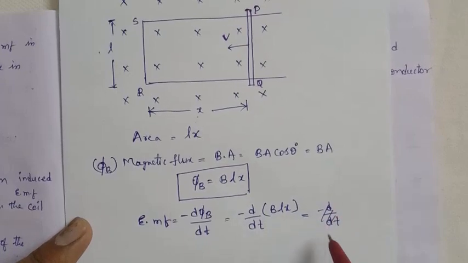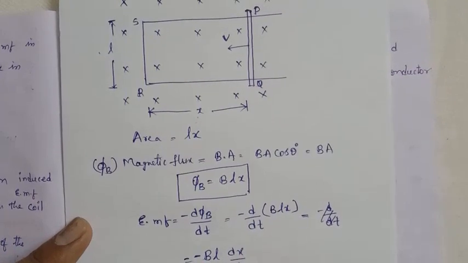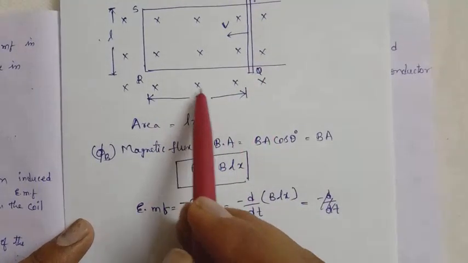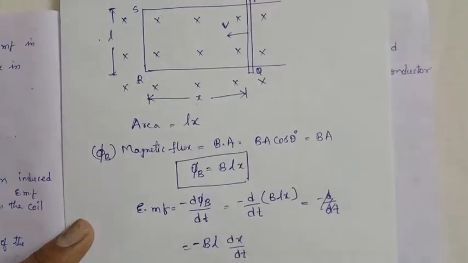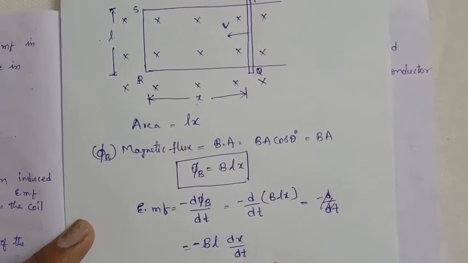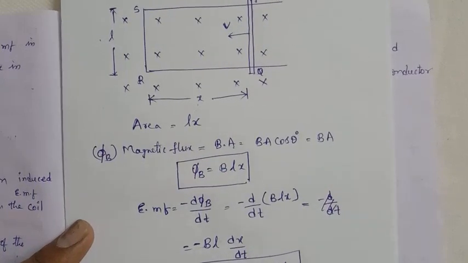So BL you take outside, and minus dx by dt. But it is moving to the left side, so automatically this distance x decreases. dx by dt is nothing but, as all of you know, the velocity. So BL, it is minus v. Why? Because this x will decrease. That is equal to BLv. So the induced EMF is equal to BLv.